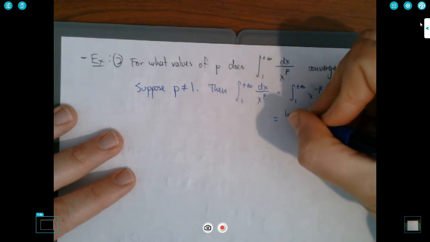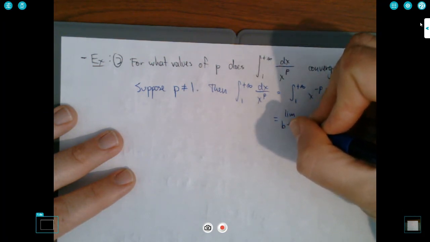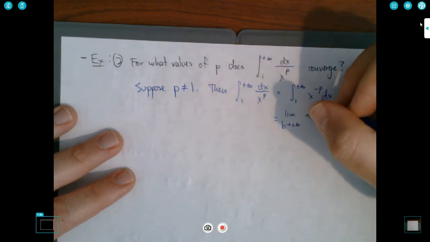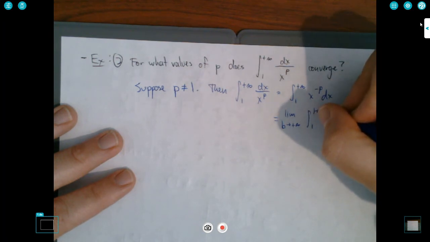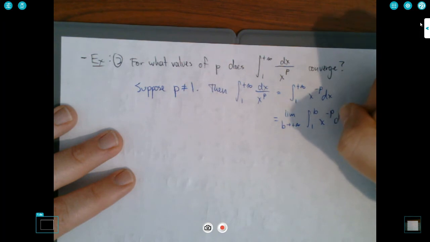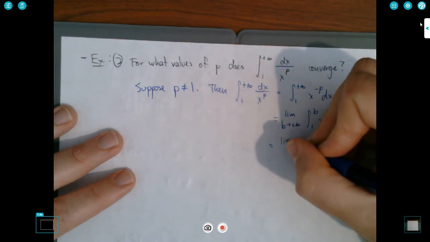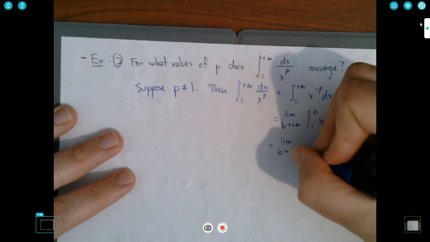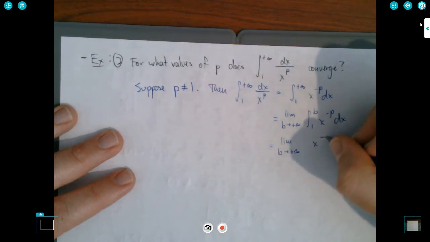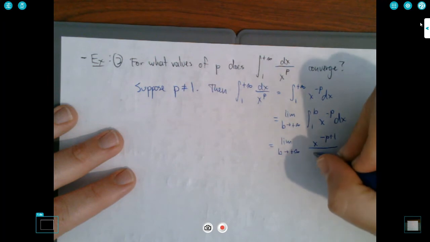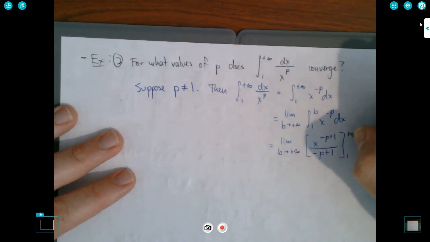That's going to be the limit as b goes to positive infinity of the integral from 1 to b of x to the negative p dx. So that's the limit as b goes to positive infinity of x to the negative p plus 1 divided by negative p plus 1, evaluated from 1 to b.